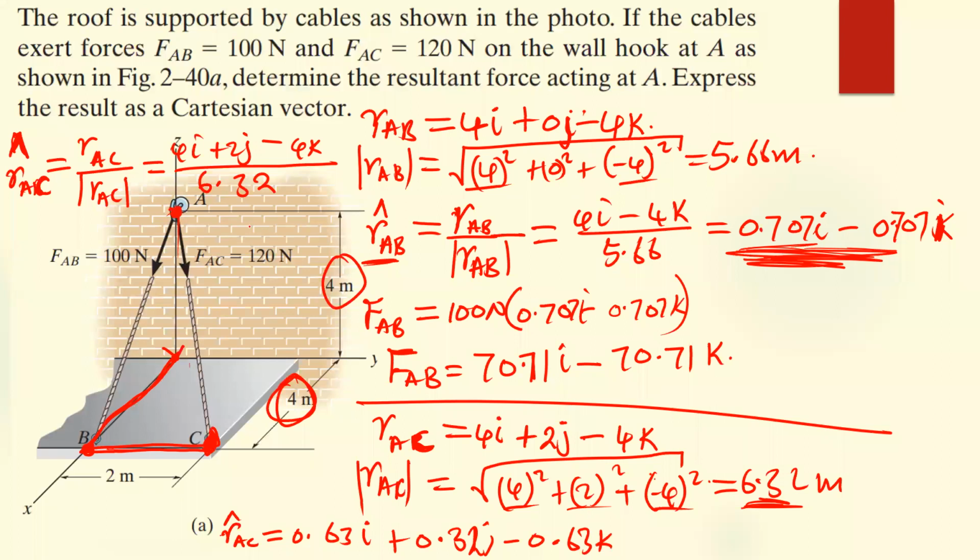To find the force directed along this same cable in Cartesian form, we have to multiply the force that we have been given there by its unit vector. So if we multiply this by the force, which is 120, whatever we get is our force in Cartesian.